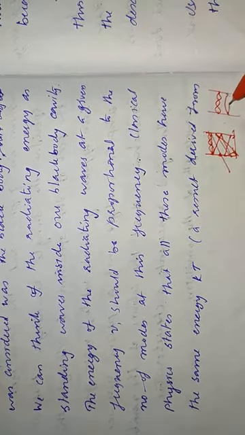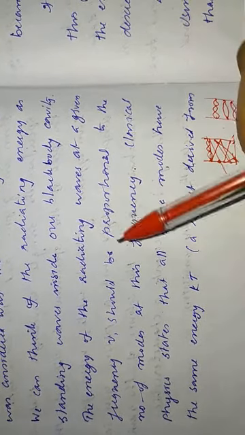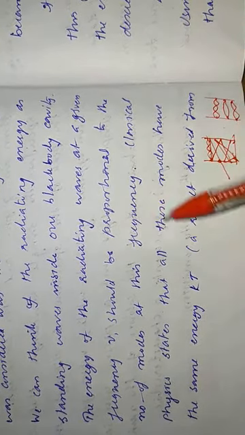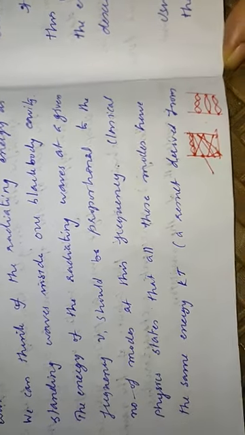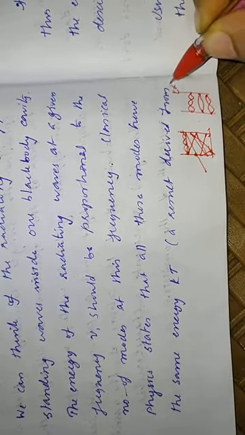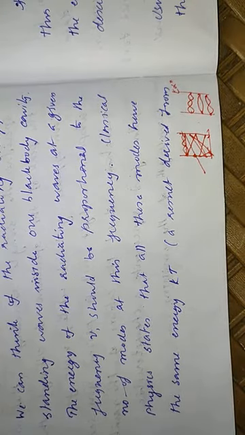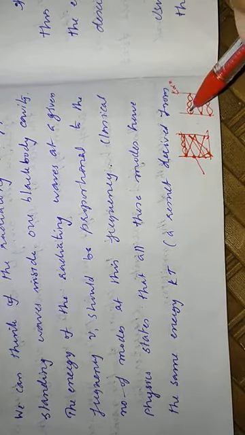So if we are imagining the radiating energy as standing waves inside this cavity, the energy is proportional to the number of modes of that frequency. That means how many modes of vibration are possible.